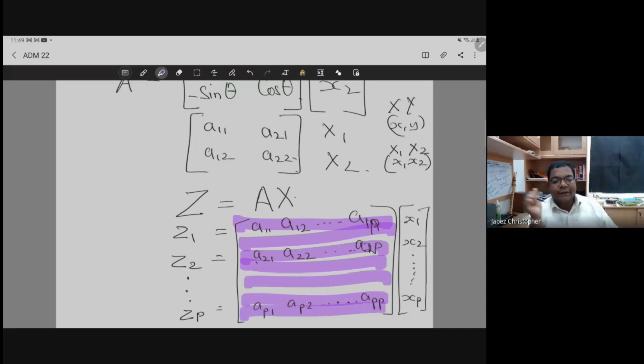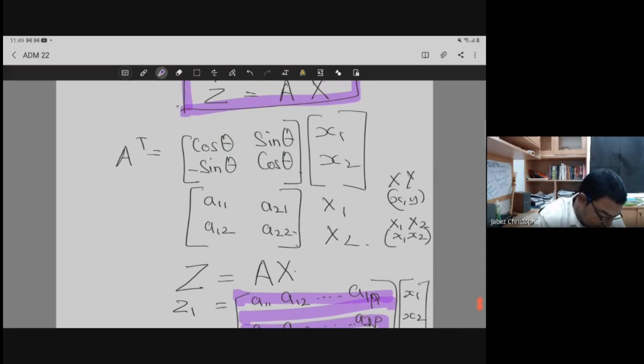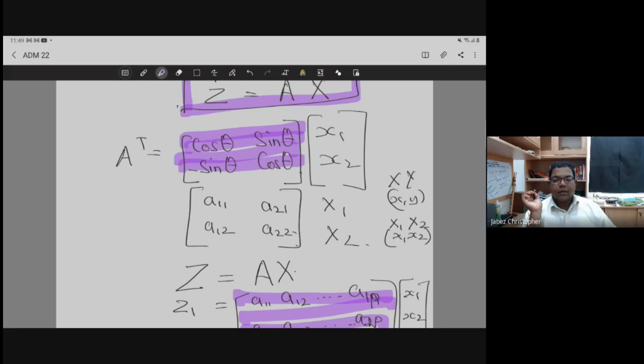How did you get this transformation? Why is this transformation needed? To increase the representation of the data. A data which was uncorrelated, to bring it to a different axis where the variance of the data can be captured in a better way, you need this transformation. Got the point?